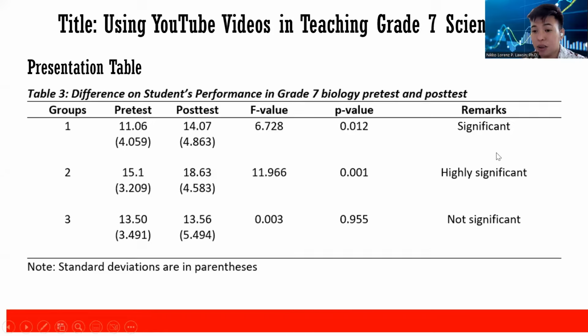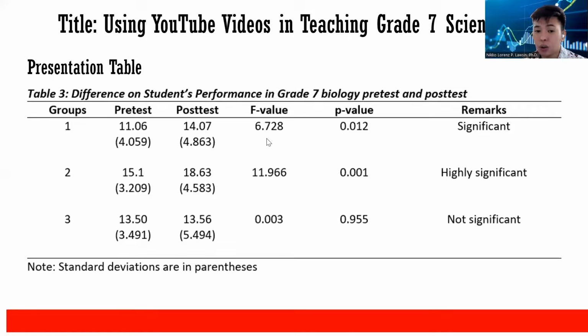So here is the table now for the difference on student performance in grade 7 biology pre-test and post-test. The group number, again, you need to indicate the pre-test, post-test, mean and standard deviations. Standard deviations are in the parentheses.